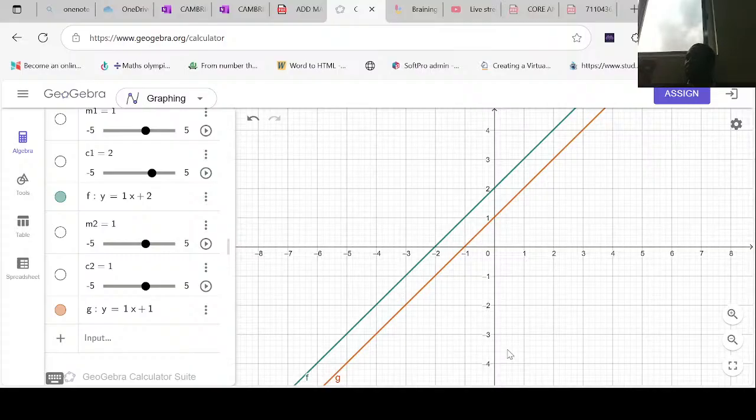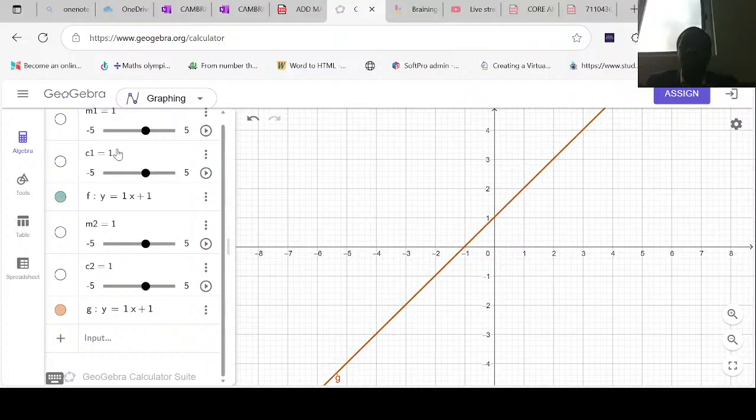The only thing that we are choosing, because the two intercepts are different, isn't it? The first one, c1, is where? 2. The second one is where? So what happens if I make the intercept the same? Let me change c2 to 1. What do you observe?